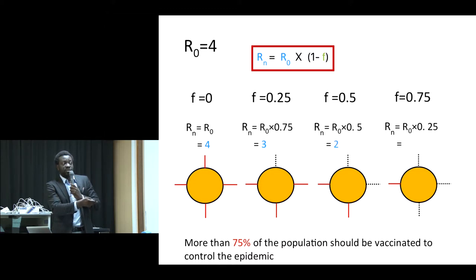When we increase to 50%, it can contaminate only 2. And when we increase to 75%, it can transmit infection to only 1 person. So this means that if we give more than 75% as a vaccination coverage, we will stop the transmission with an R naught of 4.